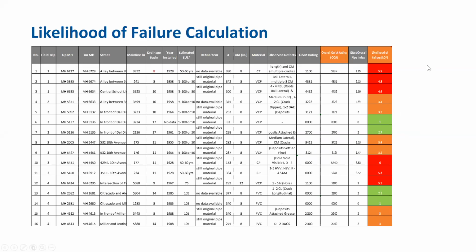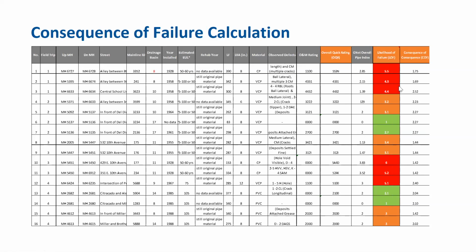We don't see it here yet, but we'll see it in the next slides. So the LOF refers to a calculated numerical representation that denotes the probability of whether that pipe segment is going to fail based upon the physical condition, typically determined by the PACP survey reports, the one that I showed you in the previous slide.